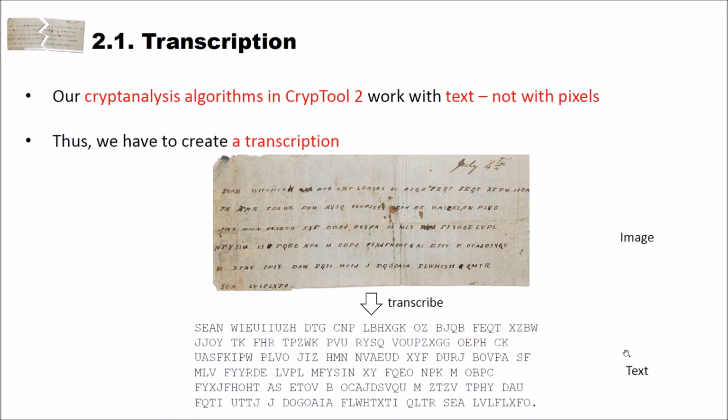And some tips: when you transcribe such a document, you can do this, for instance, with automatic tools, but most probably you will do it by hand. And if you do it, also transcribe, for instance, the spaces, since these are very important for our cryptanalysis. And of course, when you transcribe such a text, you will probably make some errors, or some letters are really hard to understand or to guess what these are.